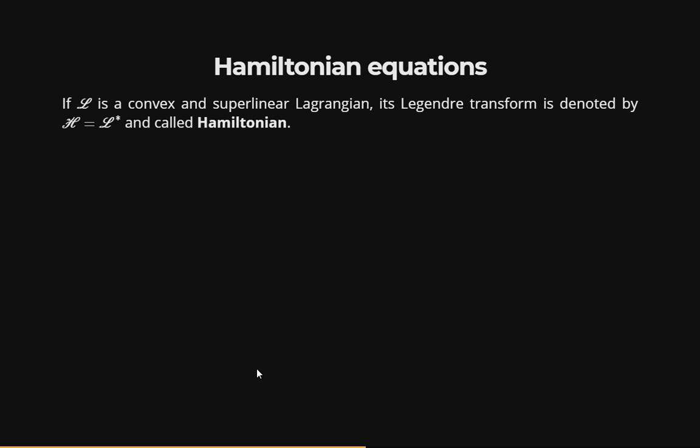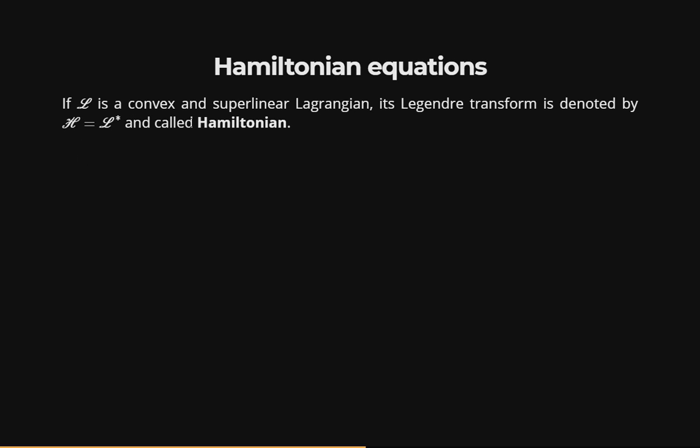Now, if you take a convex and superlinear Lagrangian, which is usually the case because of how the energy functional is usually written in physics, its Legendre transform is usually denoted by H and called the Hamiltonian.